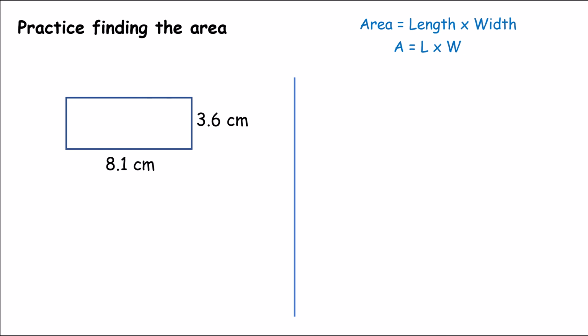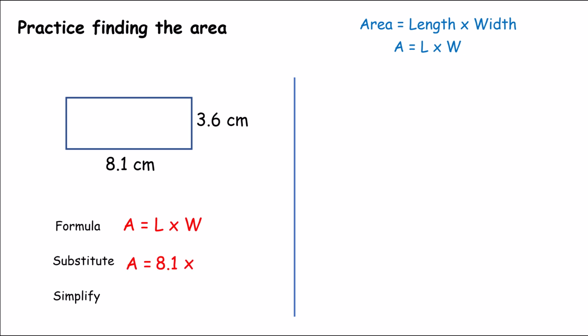Here's another rectangle. I'd like you to pause the video and use your formula, substitute, simplify method to try and find the area of this rectangle. I'm going to go ahead and assume you've done that, and I'm going to hop right in. Our formula is length times width. We always rewrite that.